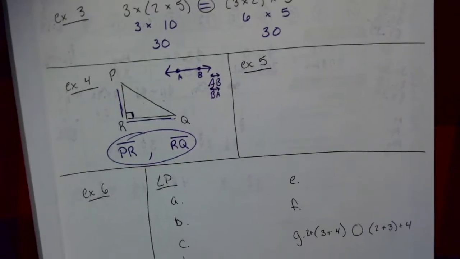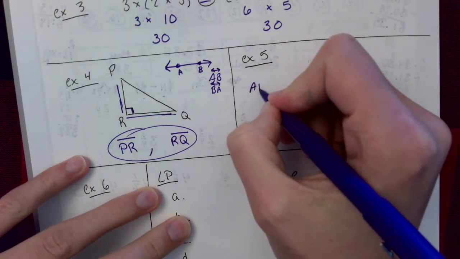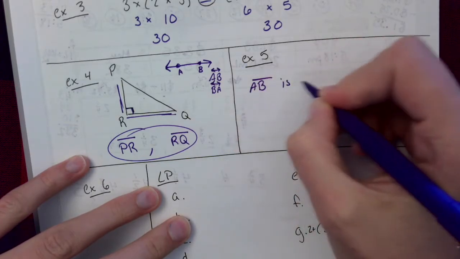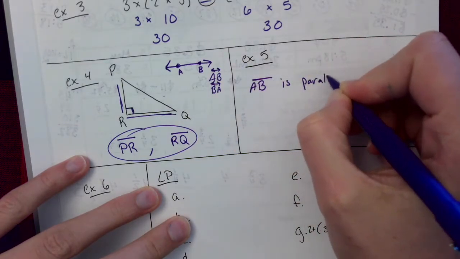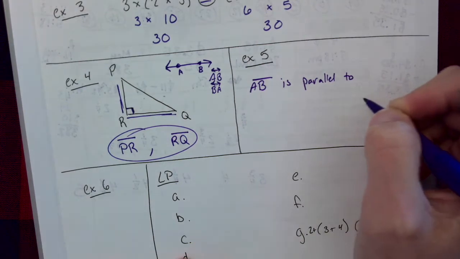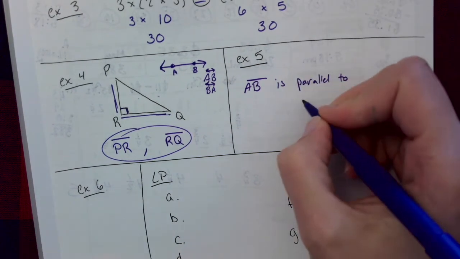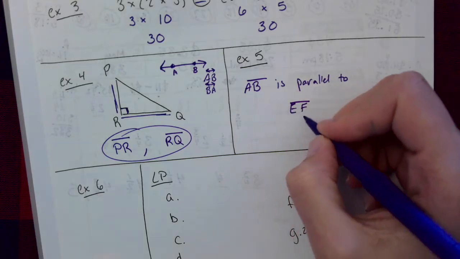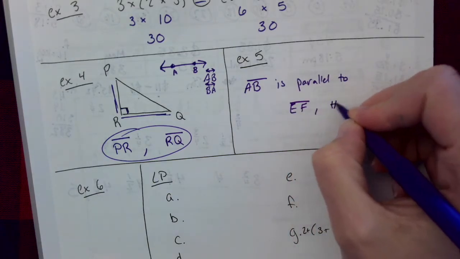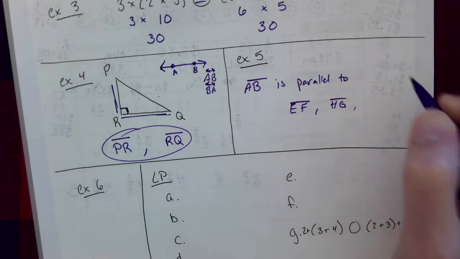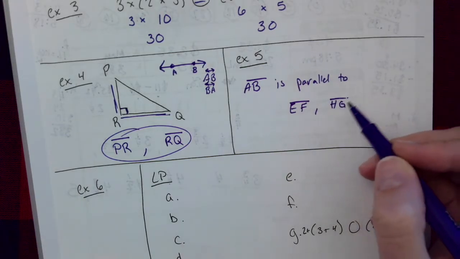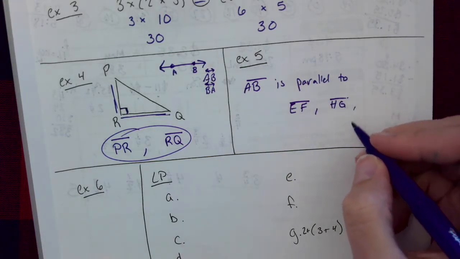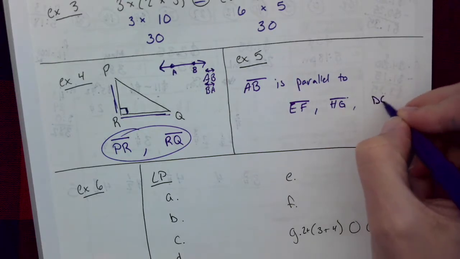So for example 5, you can write AB is parallel to EF, HG. Notice we're just talking about segments, so there's no arrows at the end of these. You could also say DC.